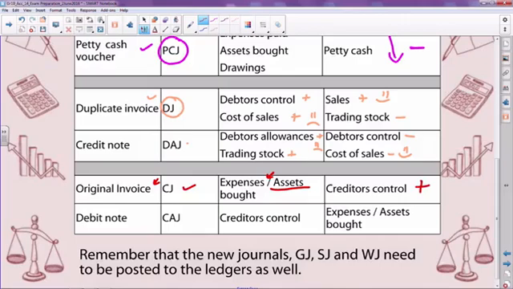So the thing is, when we return and we're not happy with, say, an asset or trading stock that we bought, we will issue a debit note, and this debit note will go to the CAJ. Your creditors control will go down. Expenses and assets will also go down because we now return these items. We don't own it anymore, or we don't owe the creditor anymore.